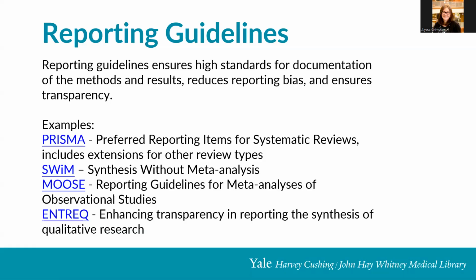I always like to highlight SWIM because it's really underutilized. So, SWIM is synthesis without meta-analysis. And it really highlights all of the parts of PRISMA that you should be covering, even if you are not doing a meta-analysis. So essentially, it is an add-on product. You would still use PRISMA, but the checklist items that you are unable to fulfill in PRISMA because you're not doing that meta-analysis, you would look at SWIM to determine if you're including enough information on those items.